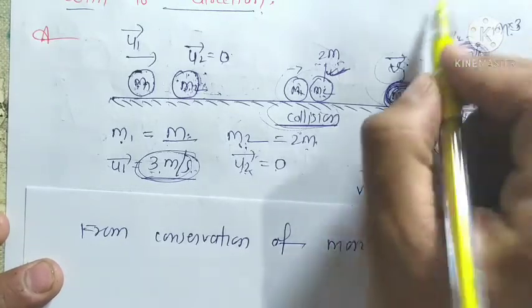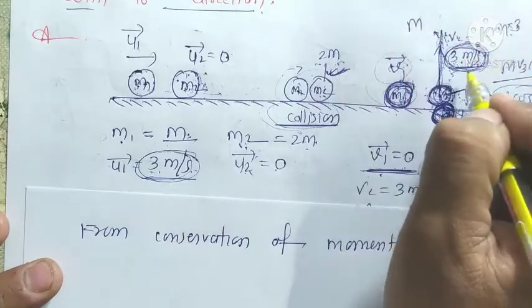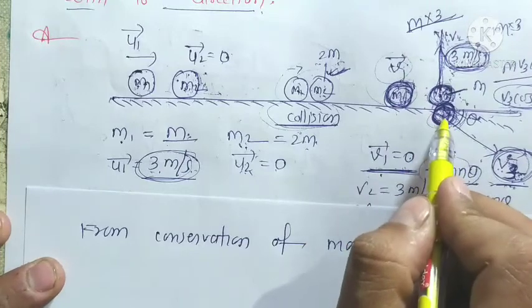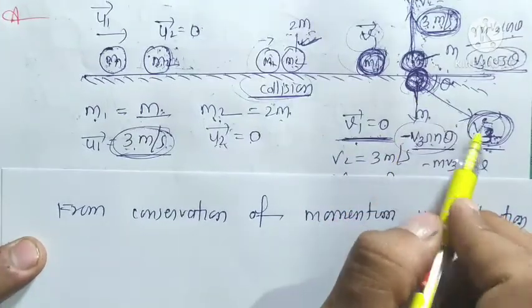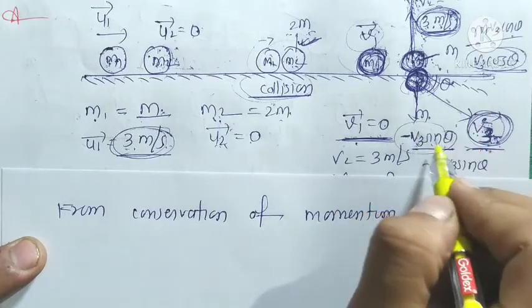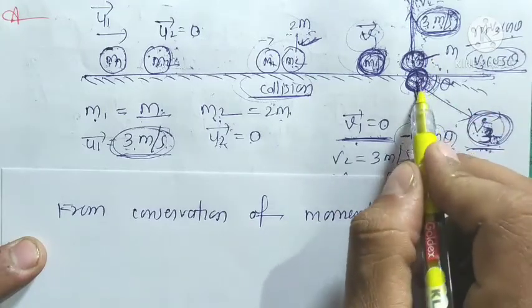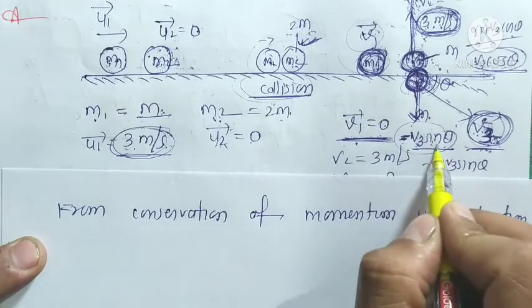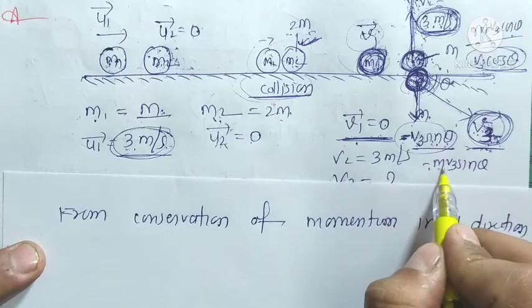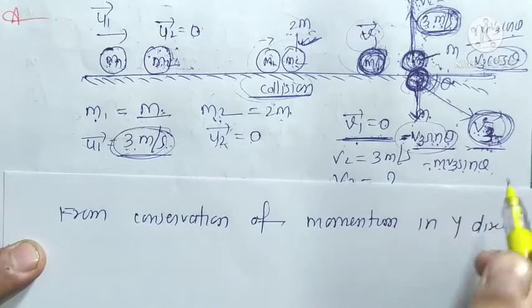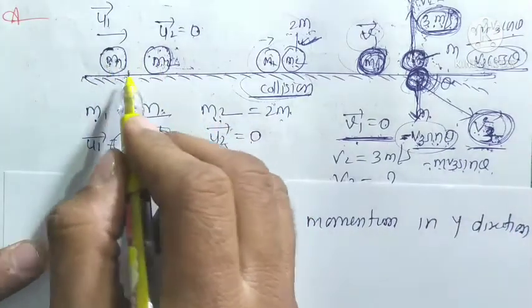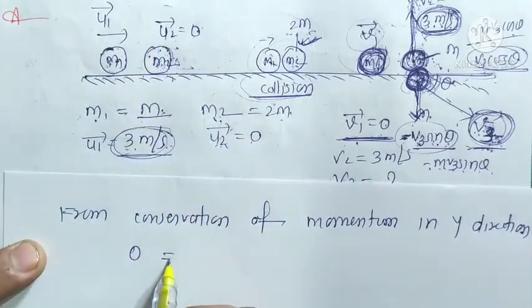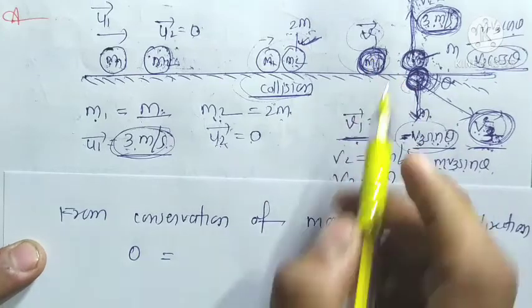So here the momentum along this direction is m and velocity 3. The second part of the second body will move with velocity v3, and its vertical component is along the negative y-axis. So we put a minus symbol, v3 sin theta, and its momentum is minus m v3 sin theta. Initially the total momentum along y direction is 0, which is equal to the momentum after collision.